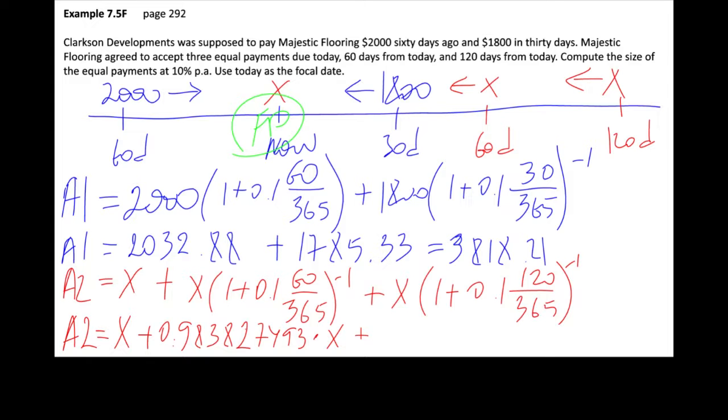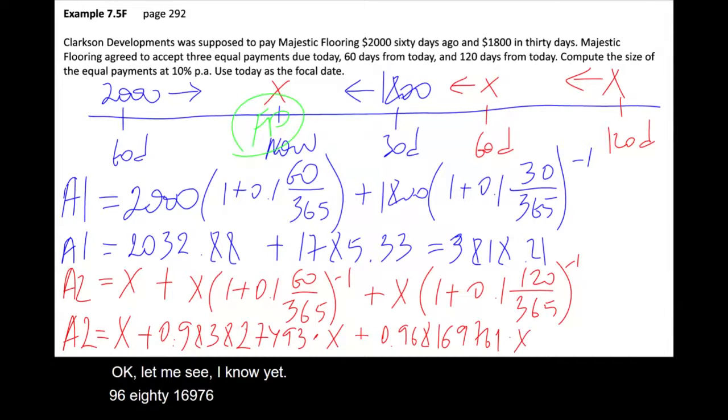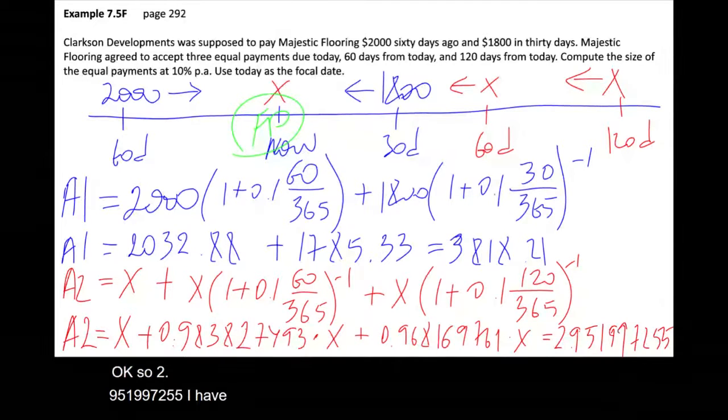Okay, let me see, I don't know yet. 9681, 69761 times x. So let me calculate what the result is. Okay, so 295199725. I have more accuracy than you do, but I guess it should be enough.